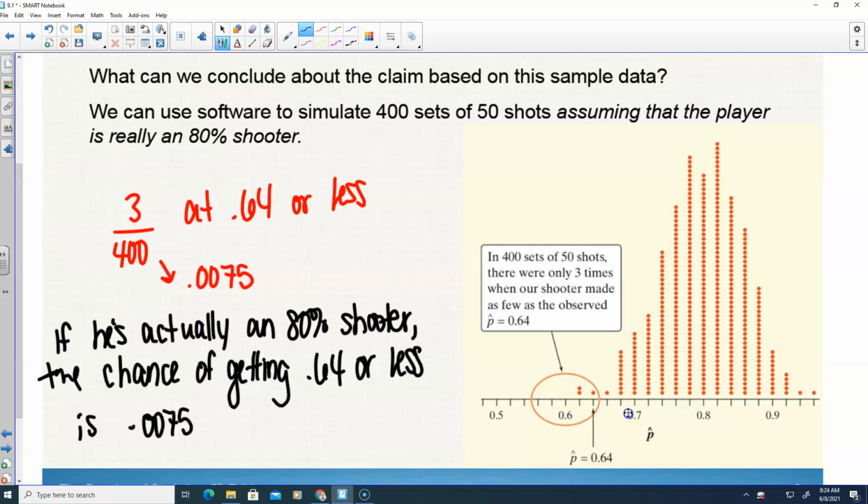Out of our simulations, we saw that happen 3 out of 400 times, which is 0.0075.